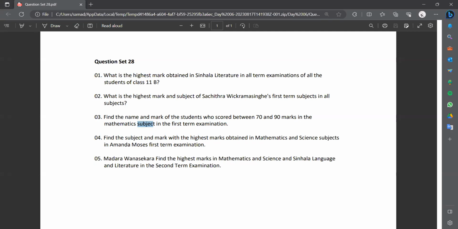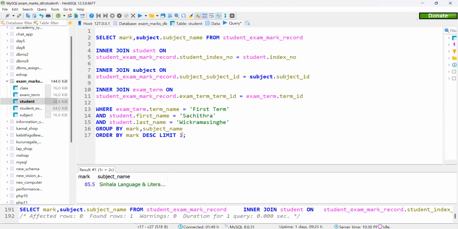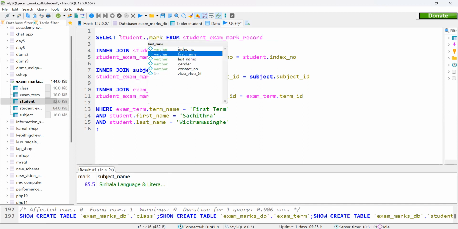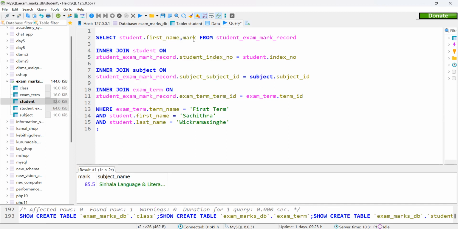We remove this, and since they ask for marks and name, we take the student table first name, mark, and the subject table.